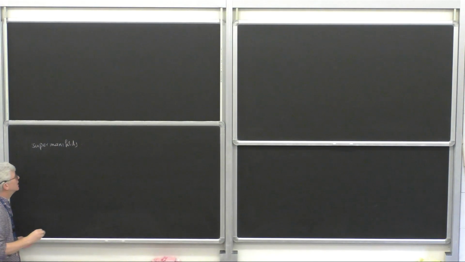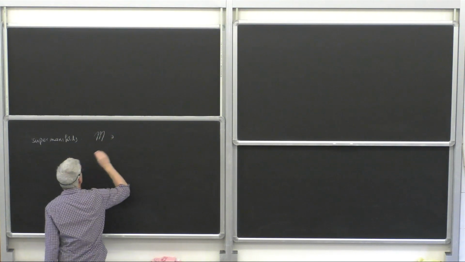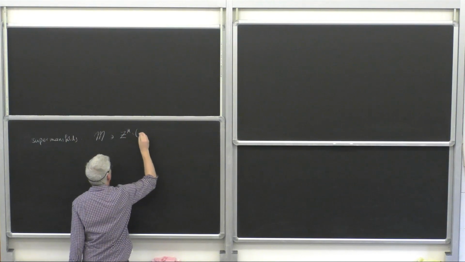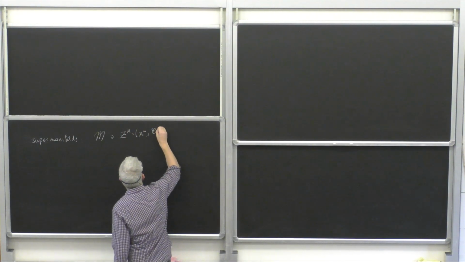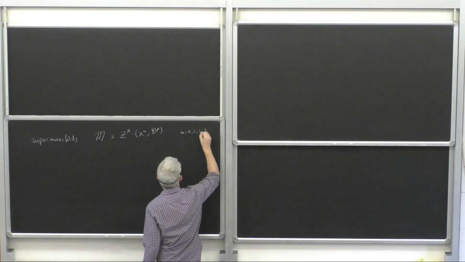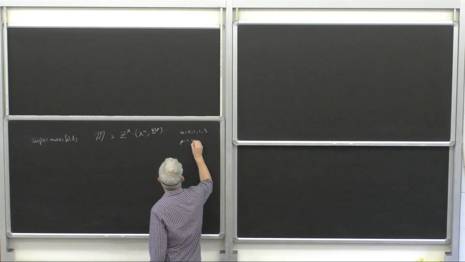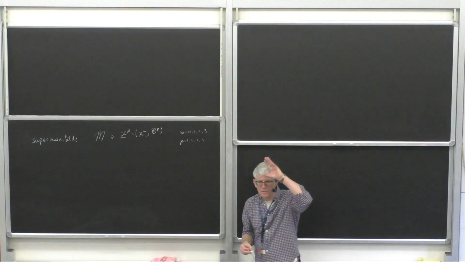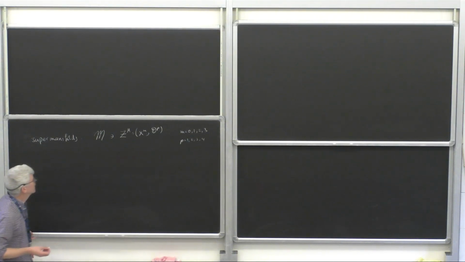The idea here is that we have a manifold where a point is labeled by a bosonic coordinate and a fermionic coordinate. In this case, m is 0, 1, 2, 3 for the space-time dimensions, and mu is 1, 2, 3, 4. These are going to end up being spinor directions. At the moment we haven't got any spin groups, so there's no way of saying we've got spinors.